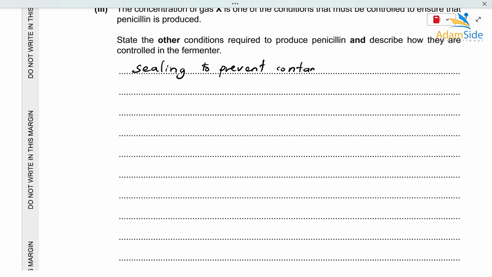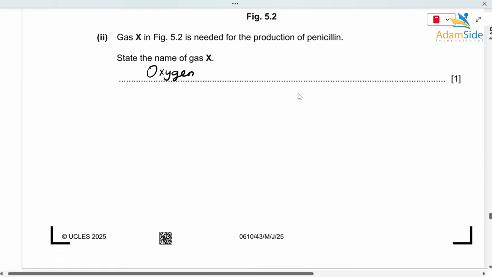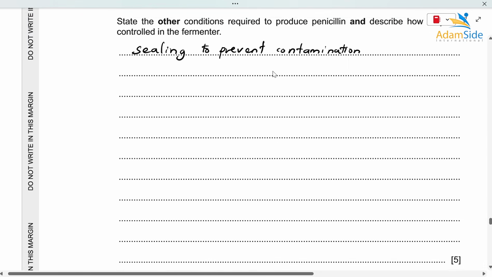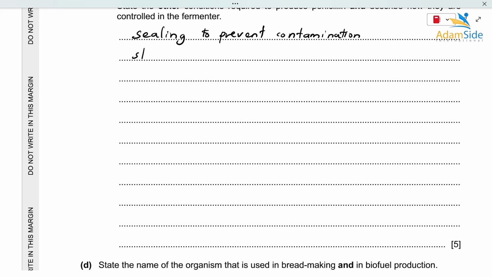This is another thing that is done. Apart from sealing to prevent contamination, we have a stirrer over here to ensure uniform distribution of substances within the fermenter.